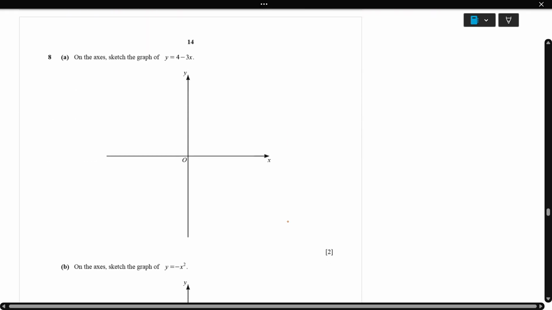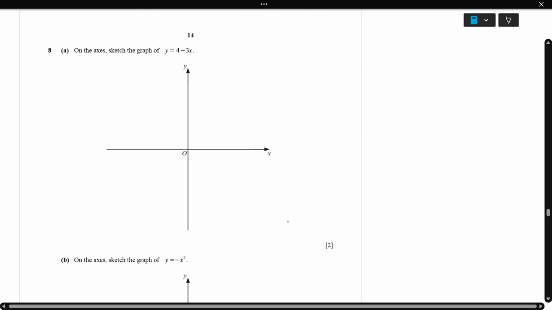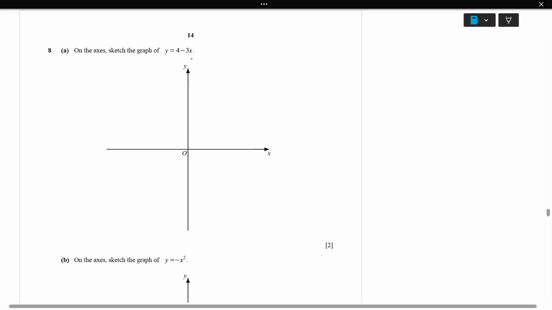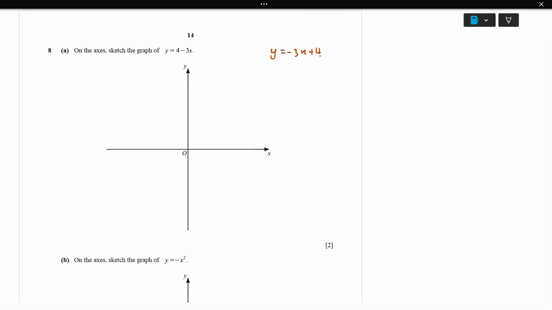Next, the eighth question: on the axes, sketch the graph y equals 4 minus 3x. We know it's a negative gradient because it is in the form minus 3x plus 4. So the y-intercept is 4. We'll write here 0 comma 4. The gradient is negative 3. Now we need to find the x-intercept, where y equals 0. Putting y equal to 0, we get 0 equals minus 3x plus 4, which is negative 4 equals negative 3x.